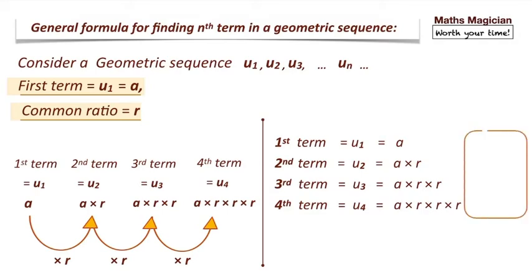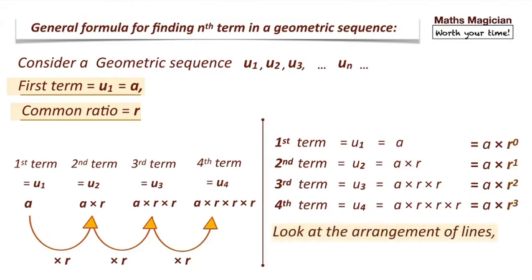Now we rewrite the terms in the power form. Look at the arrangement of lines. Second, r to the power 1. Third, r to the power 2. Fourth, r to the power 3. And so, nth term will be a multiplied by r to the power n minus 1.